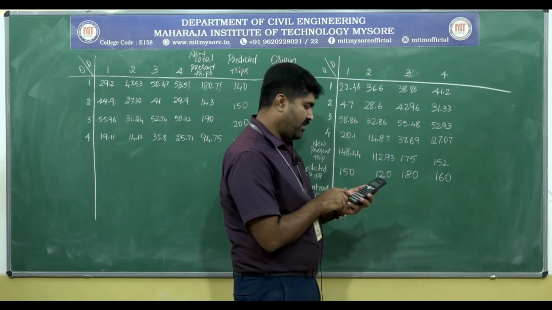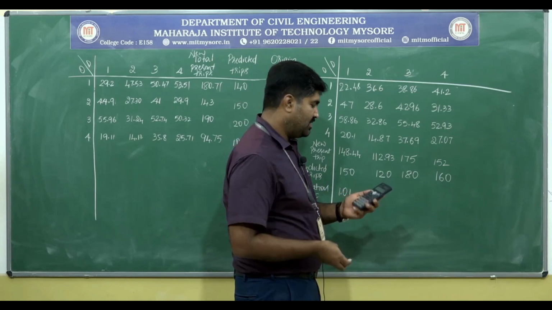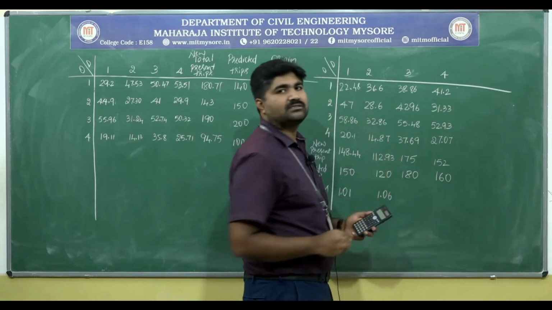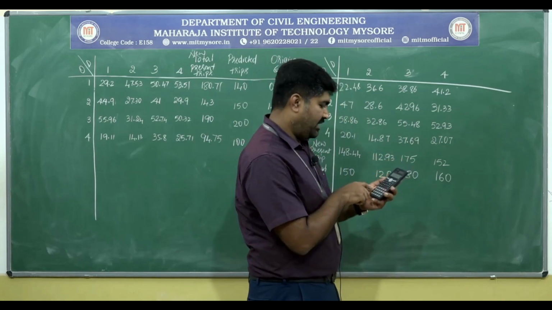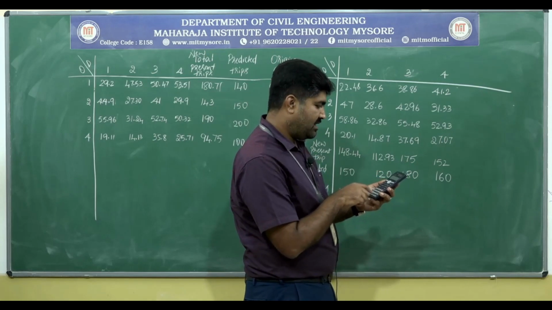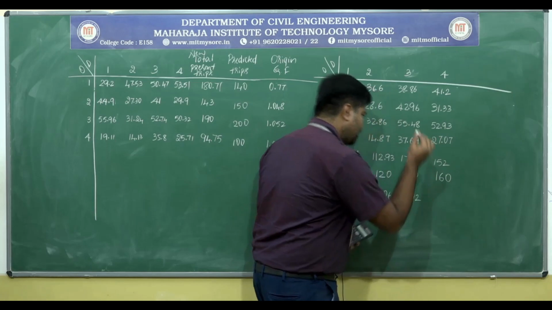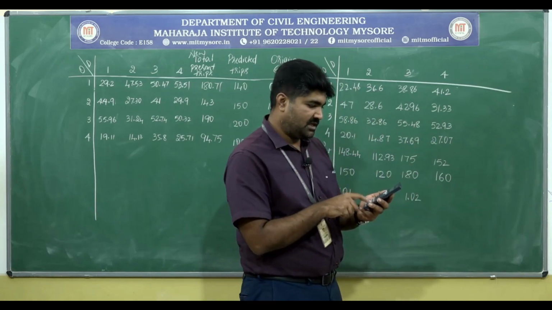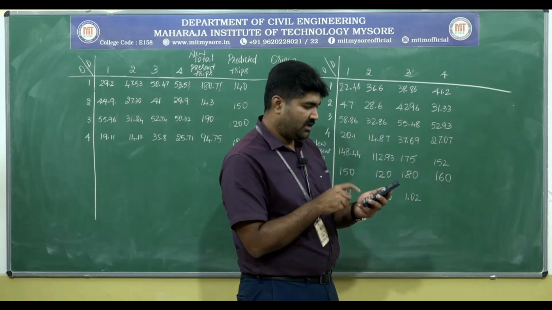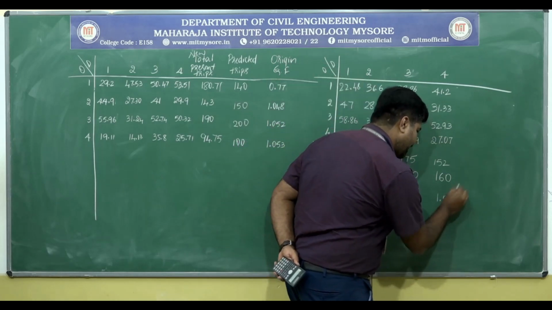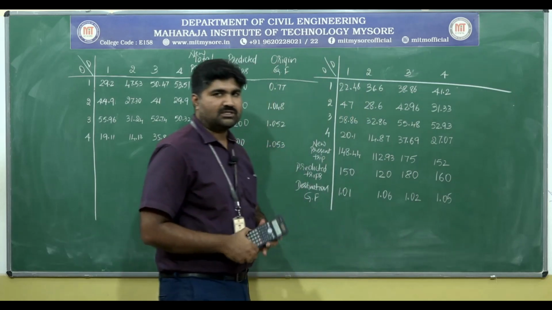Next, 120 divided by 112.93, 1.06. Next, 180 divided by 175, it is 1.02. Lastly, 160 divided by 152, it is 1.05. Okay, observe these values.